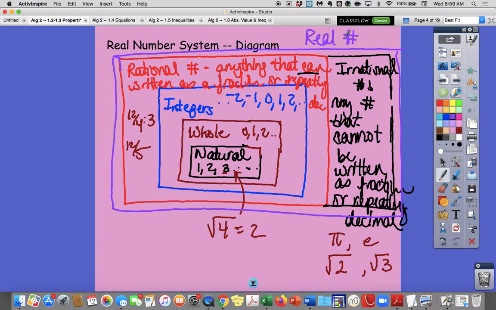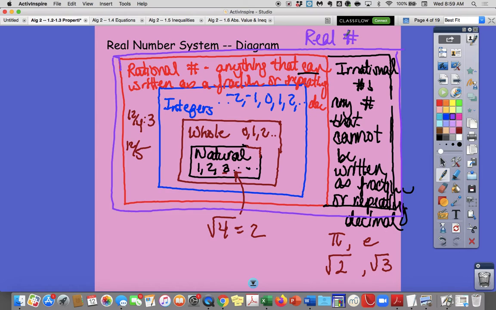So later on in this year, we will actually learn the last set of numbers that you need to learn about. There's one more layer that we will add around Thanksgiving or so. We'll learn that and top all this off. That gives you an idea of the real number system and how it works.